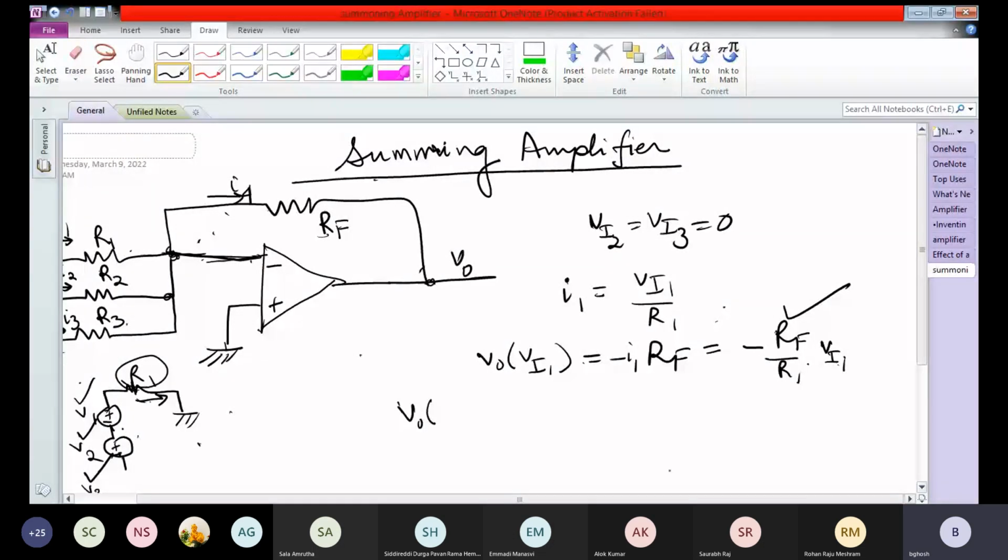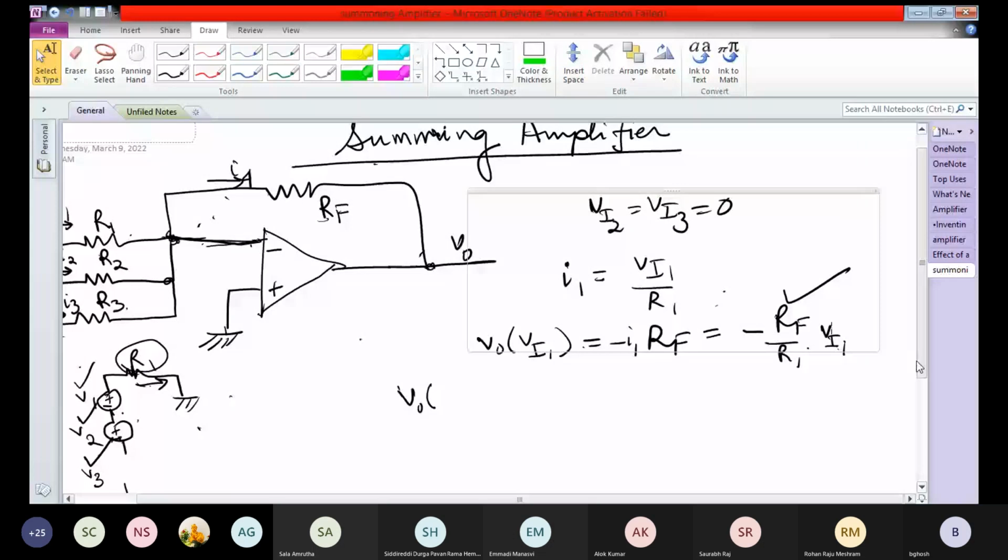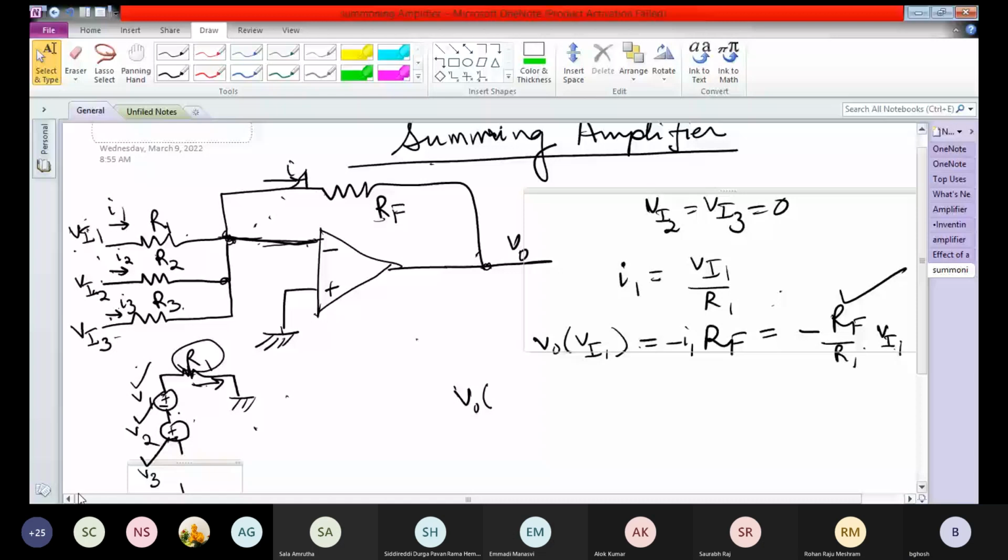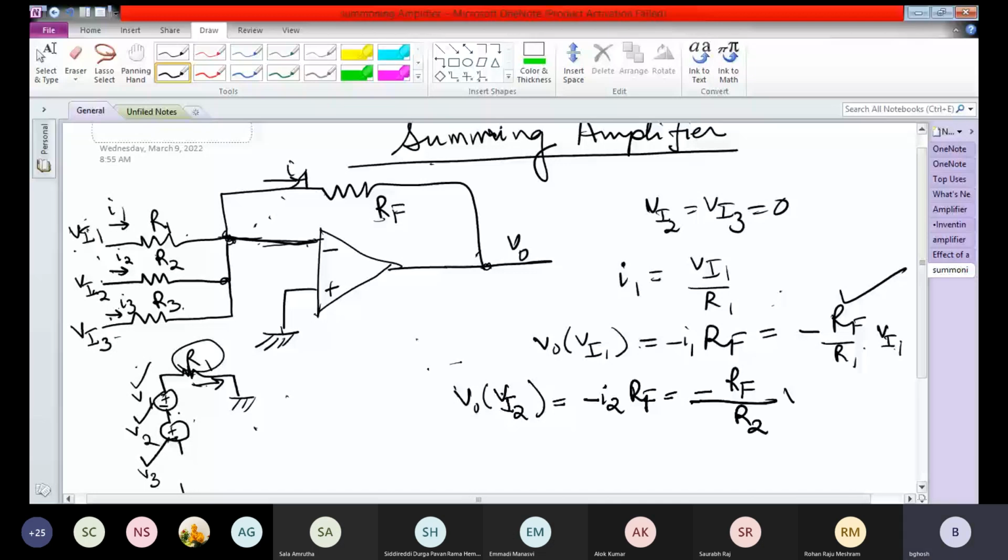Similarly, V0 due to only Vi2 working will be minus I2 Rf, and that is minus Rf by R2 into Vi2, and V0 due to Vi3 working will be equal to minus I3 Rf, that is minus Rf by R3 into Vi3.